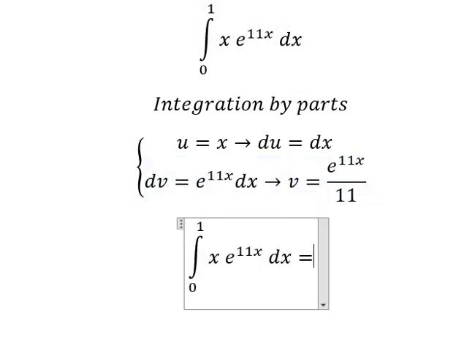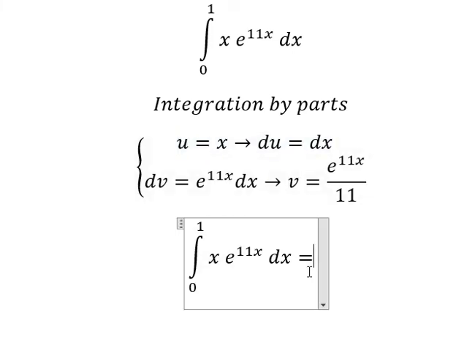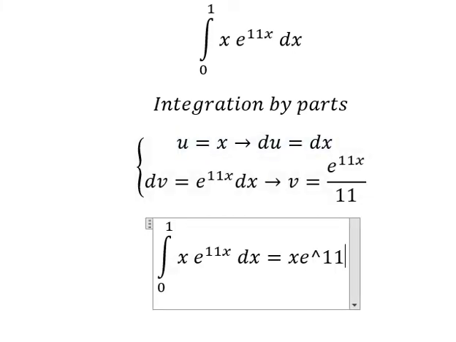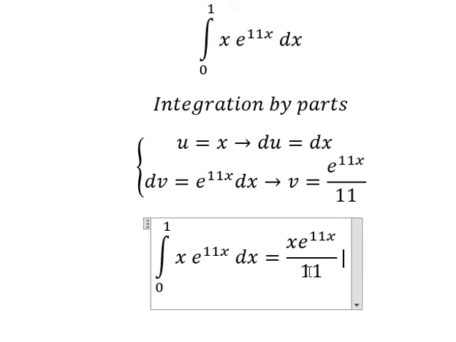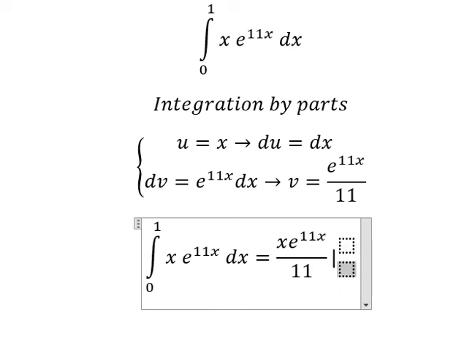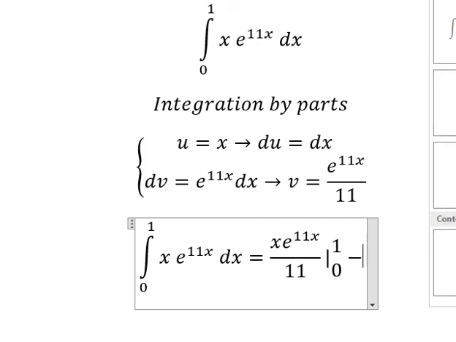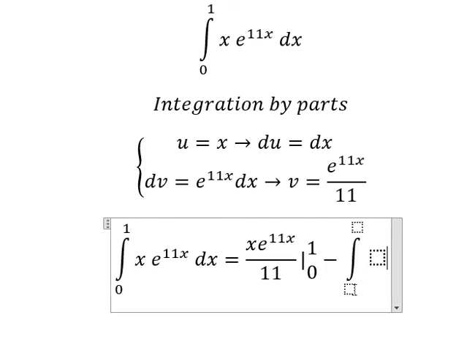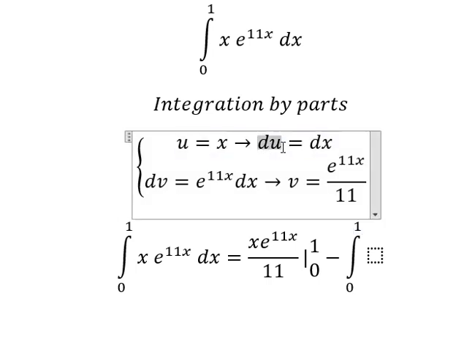So we have u multiplied by v, and I will put the bounds from 0 to 1. Minus, we have the integration from 0 to 1 of v du.